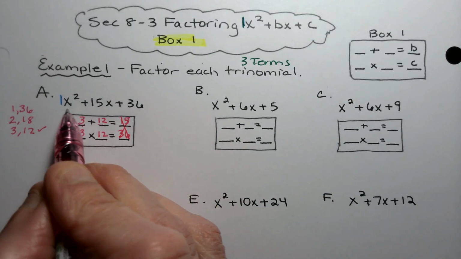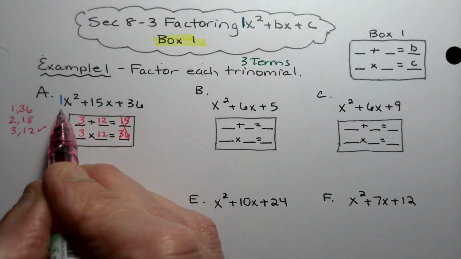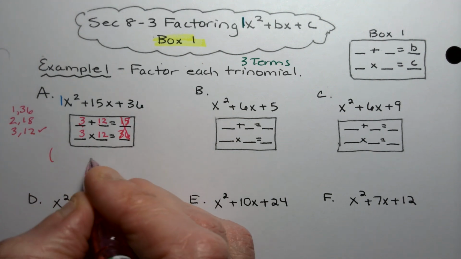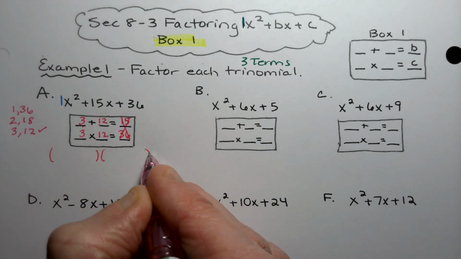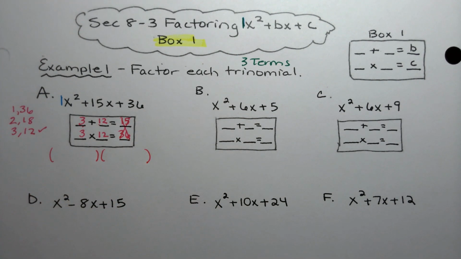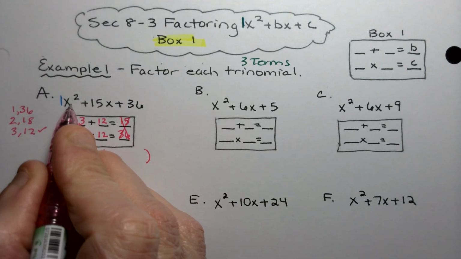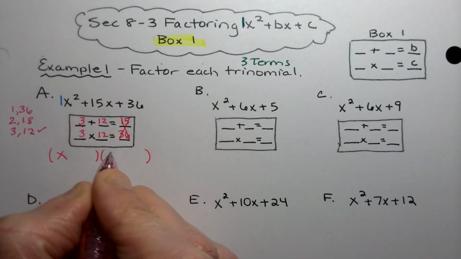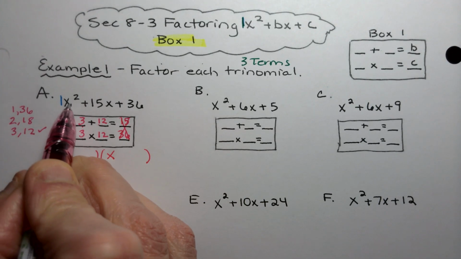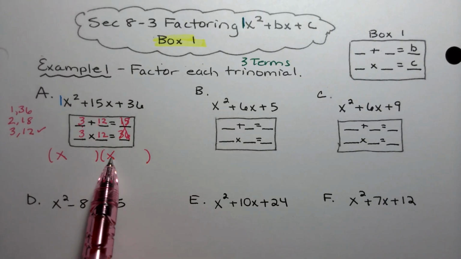And we are now going to be able to take this trinomial, and every time we are going to set it up into 2 parentheses. Kind of like what we did yesterday when we did that grouping. We always had the 2 parentheses. The first thing in each parenthesis is going to be the x and the x. That's how we get our x squared, x times x.